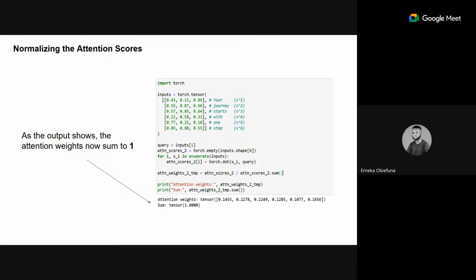By normalization, you simply have to divide by the sum. So you take the attention score that you've gotten and divide it by the sum. When you do this, it is going to give you your normalized attention, which we can also refer to as our attention weight. Now, when you sum these values that you have here, it's going to give you 1.